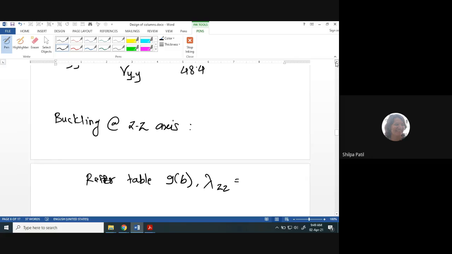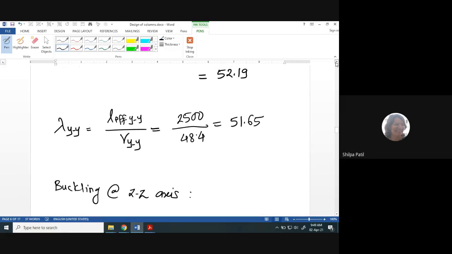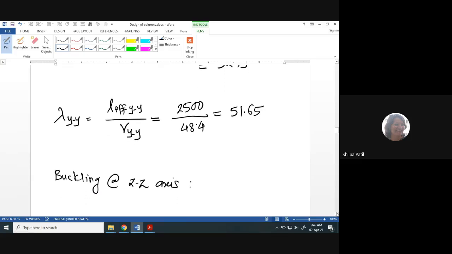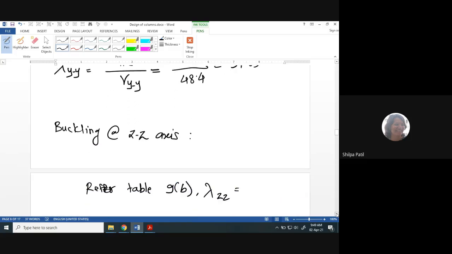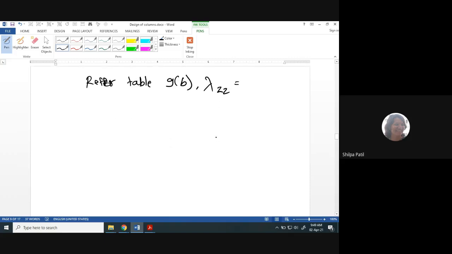So what is the lambda ZZ value? It is 52.19. And we have to find out FCD.